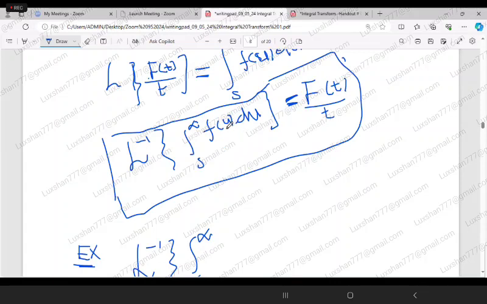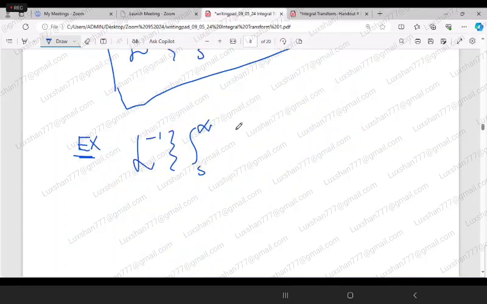So there is nothing wrong in writing the function in u because ultimately we want the function in s. So we want to find the inverse Laplace transform of the integration of 1 over u minus 1 over u plus 1 from s to infinity.